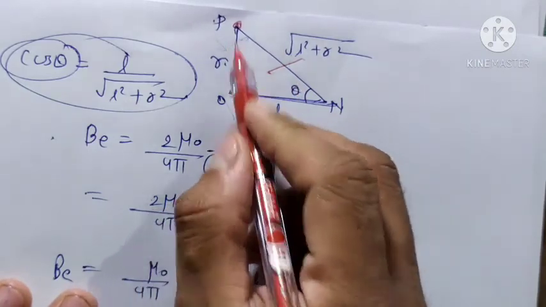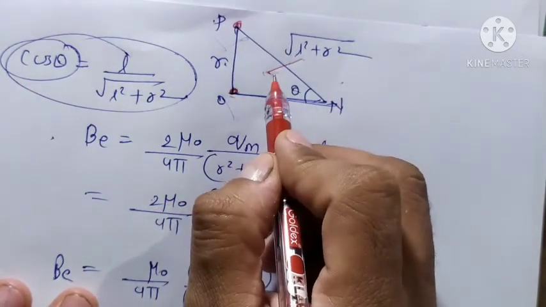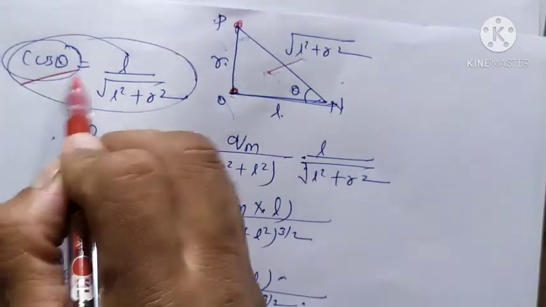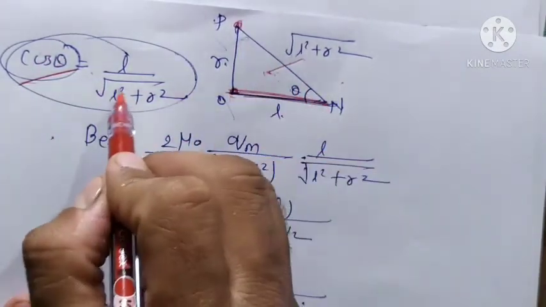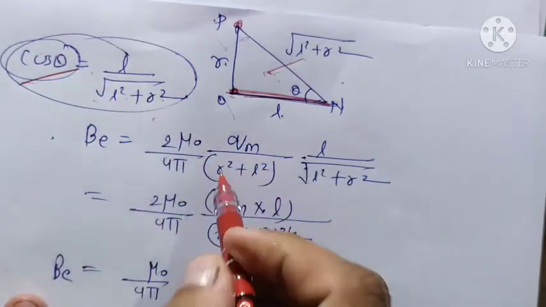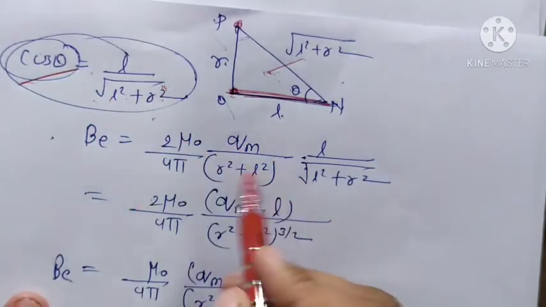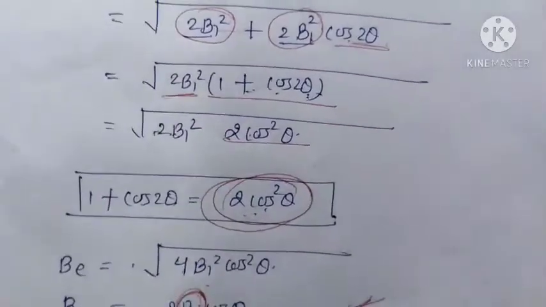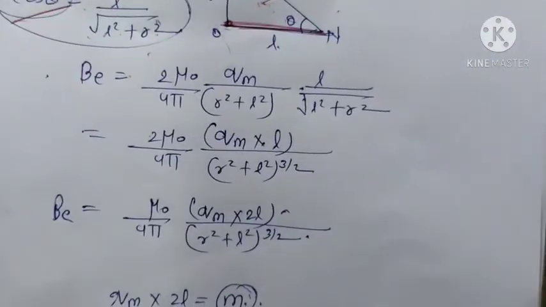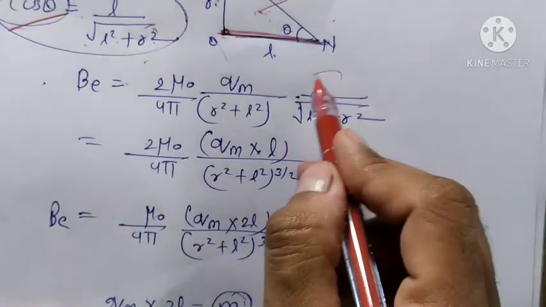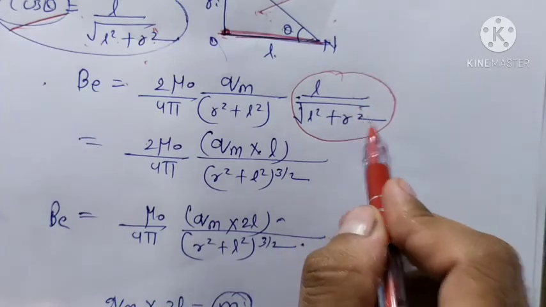This is a right angle triangle, and using it we can easily find cos θ, which is equal to base upon hypotenuse, so it is l upon the square root of (l² + r²). We put this value in this equation, and after putting it we get this value.